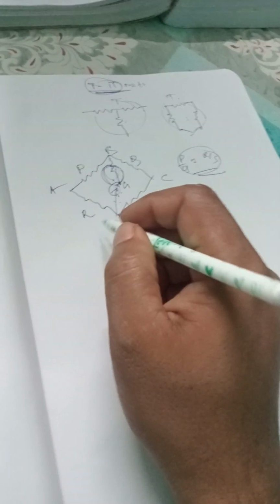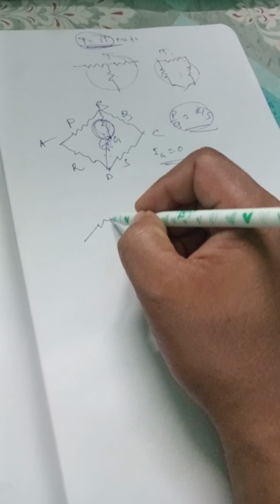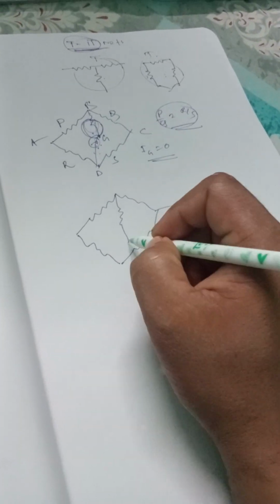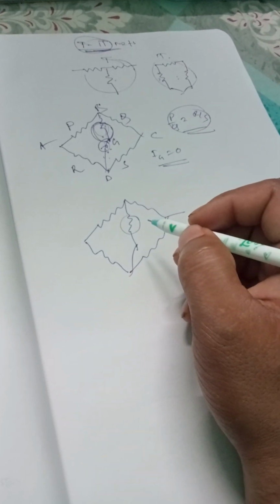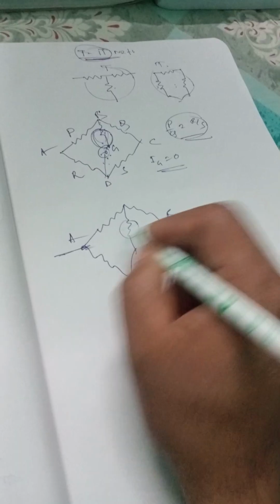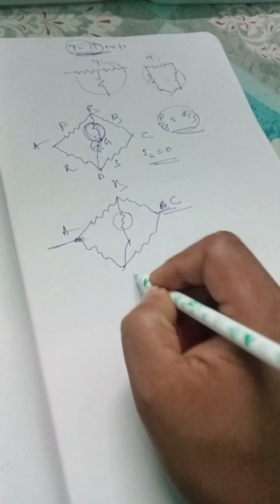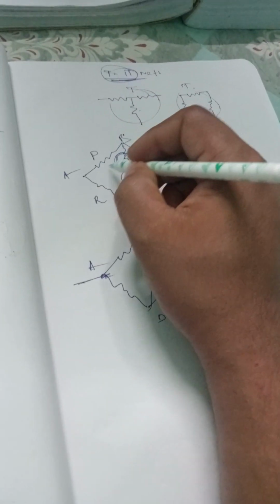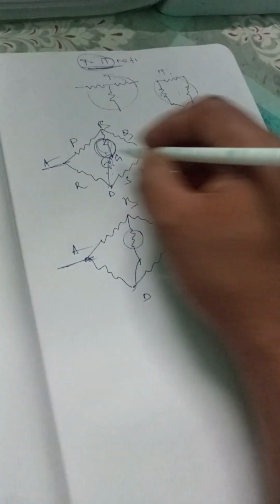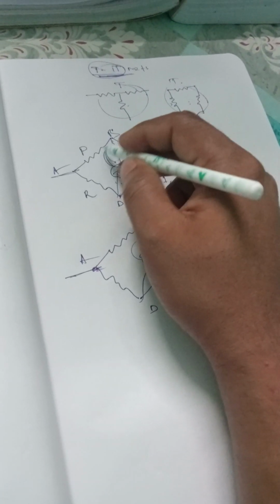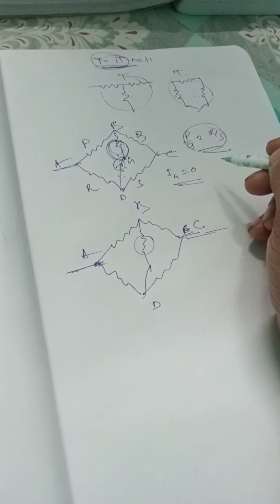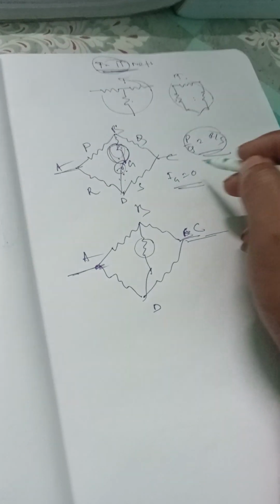Now if you have a circuit where current flows through this resistor, what will be the equivalent resistance between the terminals A and C? Here P and Q are in series.